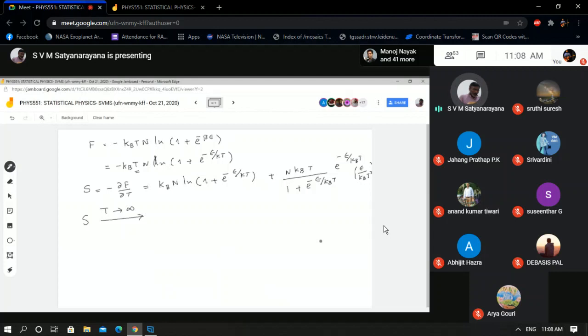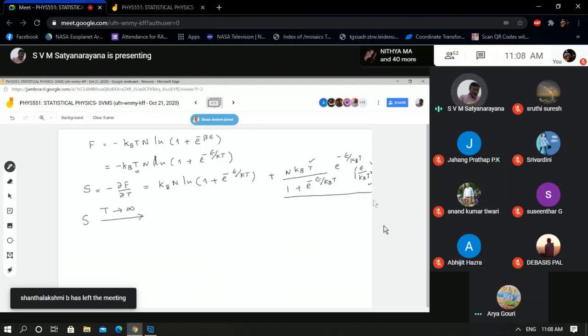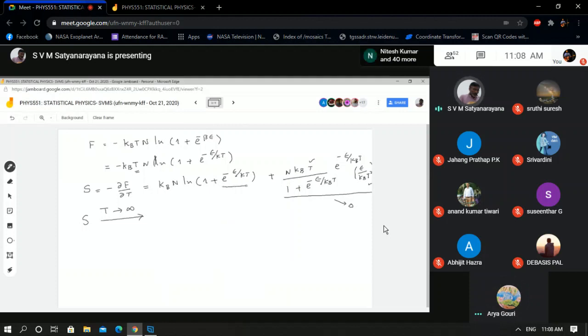So the second term will go to 0, because there is a T here and 1 by T square there, so there will be 1 by T overall. So that term will go to 0. And here, what happens to this term as temperature becomes infinity? The e raised to the minus epsilon by kT becomes e raised to 0, so that is 1. So it will go to N k_B logarithm of 2.